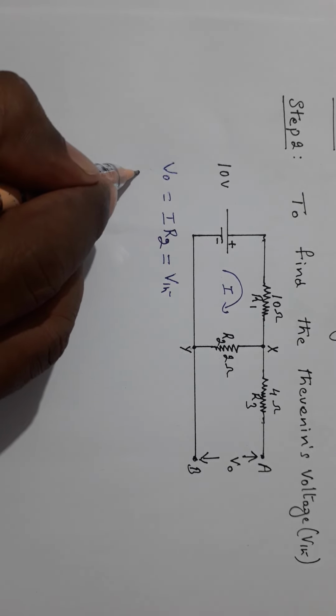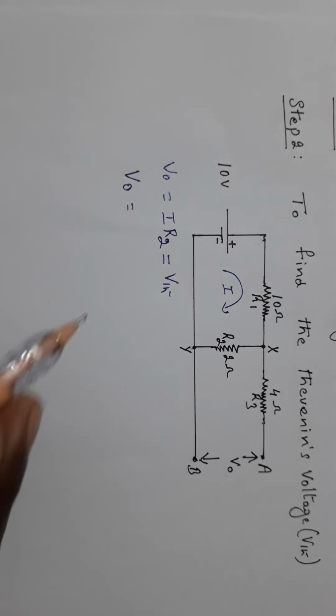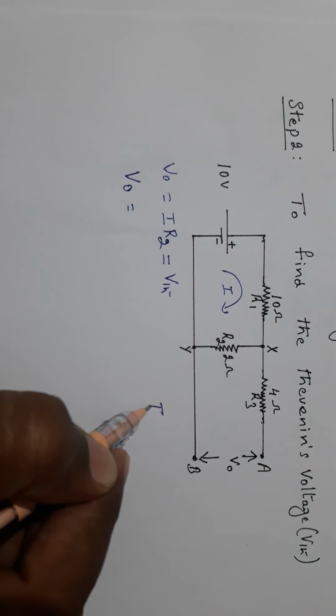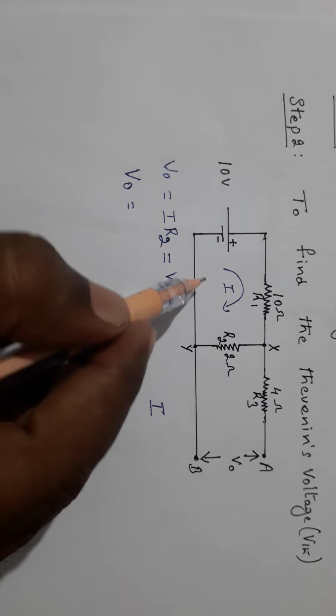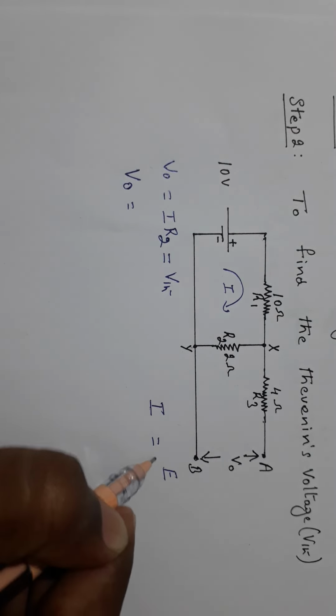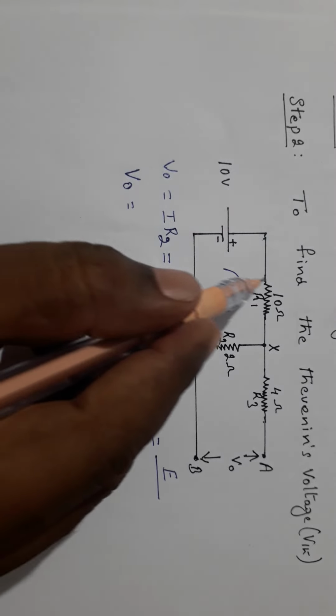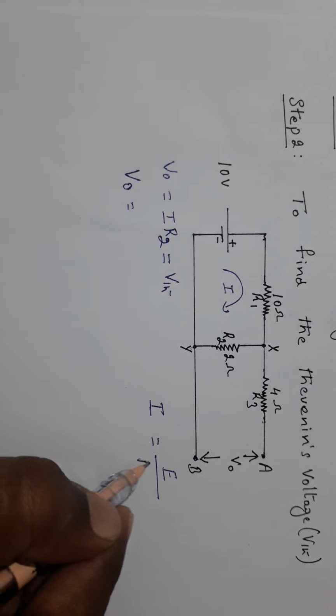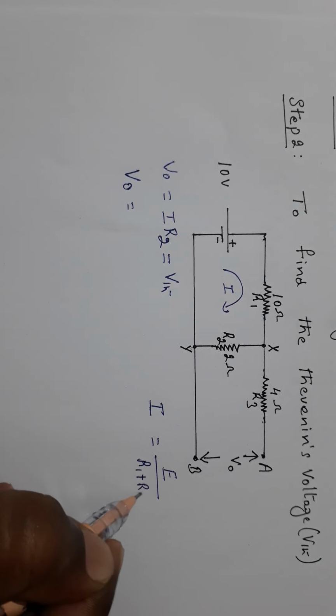Therefore, VO equals, that means we know in the mesh the current I first must be found. I equals E, that means voltage, divided by total resistance in this mesh, that means R1 plus R2.